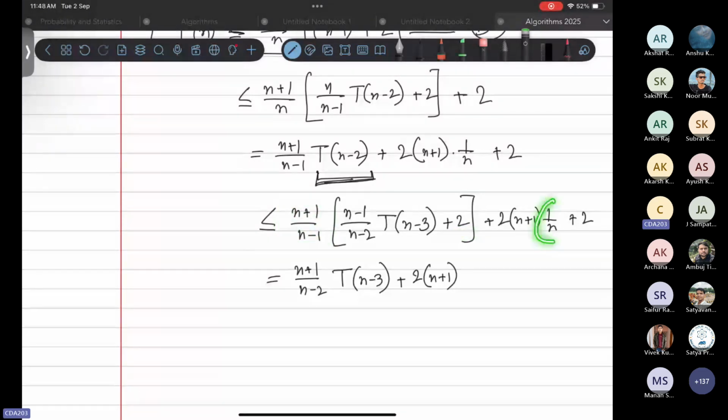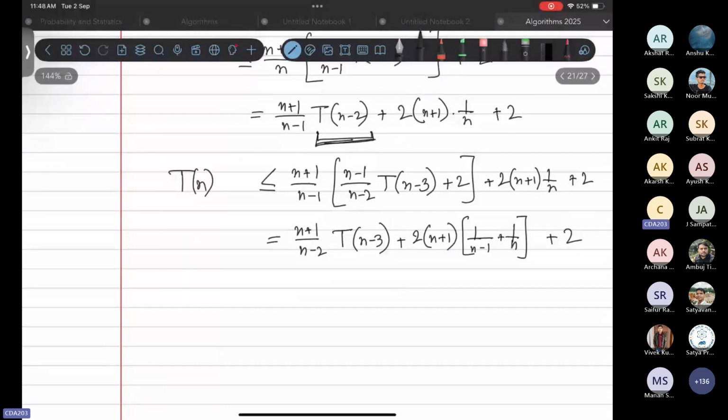And the same thing, I have n minus 1 here, so I'll combine those two. I'll get 1 by n minus 1 plus 1 by n here, plus a 2. Okay. So I'll get this Tn to be something lesser equal to this.